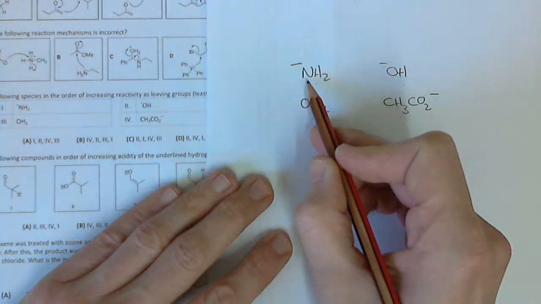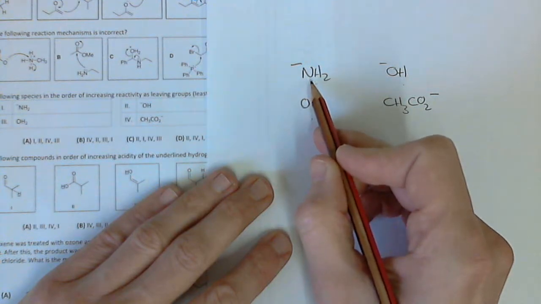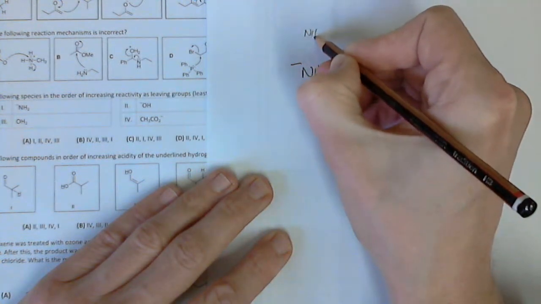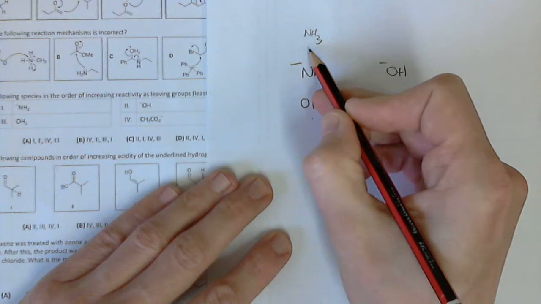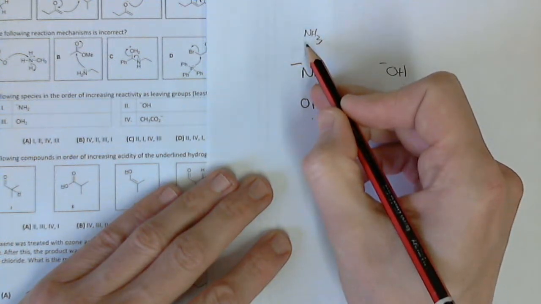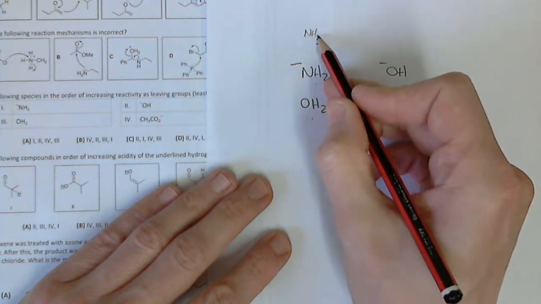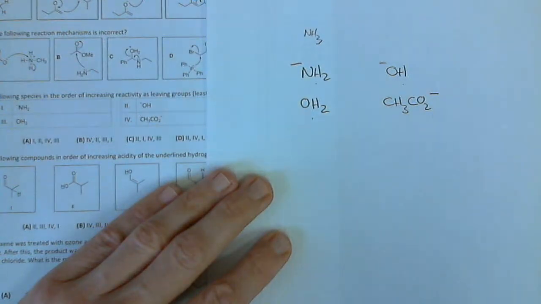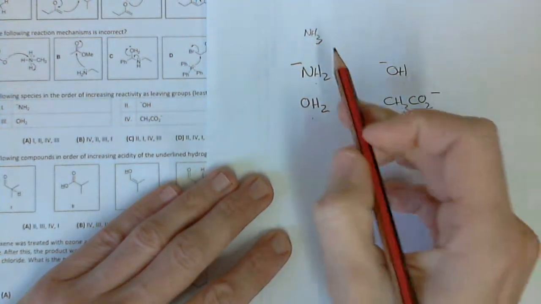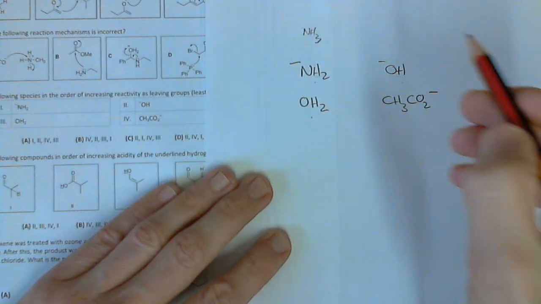An N minus is a very unstable species. Its conjugate acid is ammonia, and ammonia is not an acid in any stretch of the imagination. To remove that proton, there's a pKa of about 40, and that's just not going to want to leave.